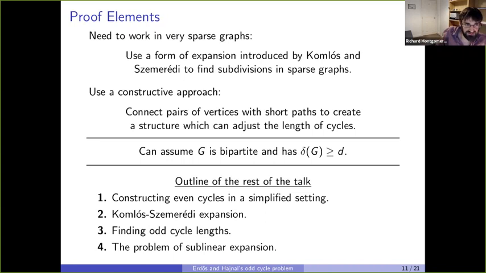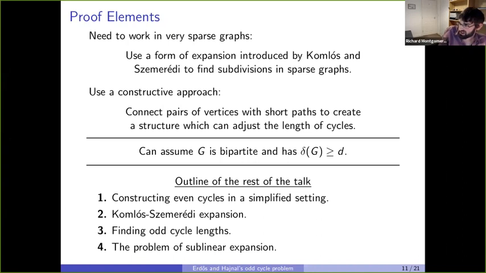And then I won't be able to put it off any longer, so I'll give you some Komlós–Szemerédi expansion if you haven't seen it before, but I'll keep it as simple as I can. And then one of the main things I want to talk about is how to move from constructing these even cycles to getting odd cycles, because as I say, I think this is relatively straightforward. And then if I have time, I'll just mention the key technical problem that we had to get around whenever we were doing this.